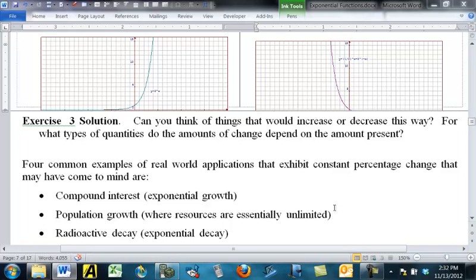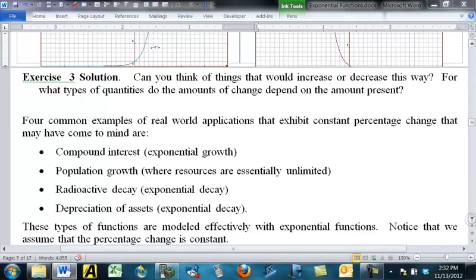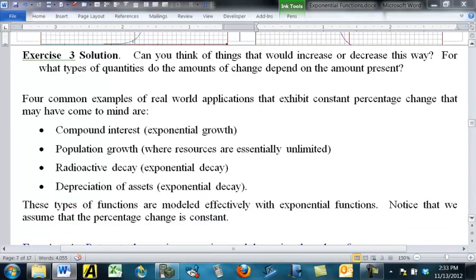Well, one thing would be compound interest, assuming that the interest rate doesn't change and you're not adding or subtracting money from the account. You just put in a sum and then let it grow. We kind of looked at an example of that already. Population growth: if the resources are essentially unlimited, that's often modeled by a constant percentage change. Radioactive substances have a tendency to decay at a constant percentage rate, so that would be radioactive decay.